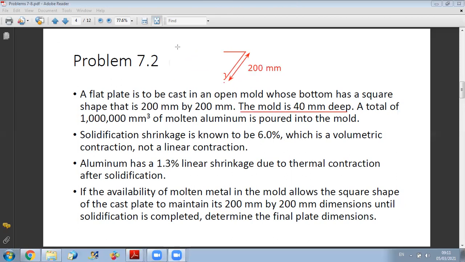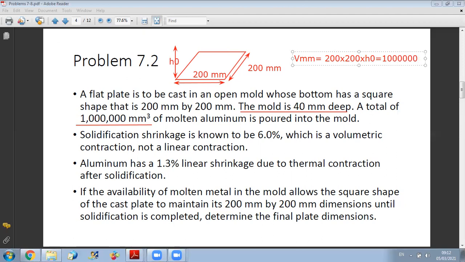We have that the volume of molten metal is 1 million millimeter cube. So we can say that the volume of molten metal is equal to the base area, which is 200 times 200. Since the volume is provided in millimeter cube, I will have all dimensions in millimeter. So 200 times 200 times H0 equals 1 million.